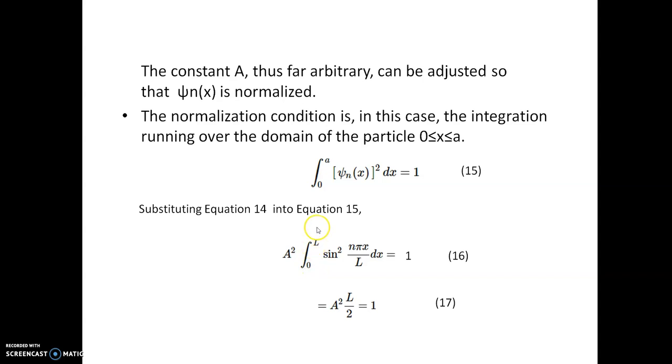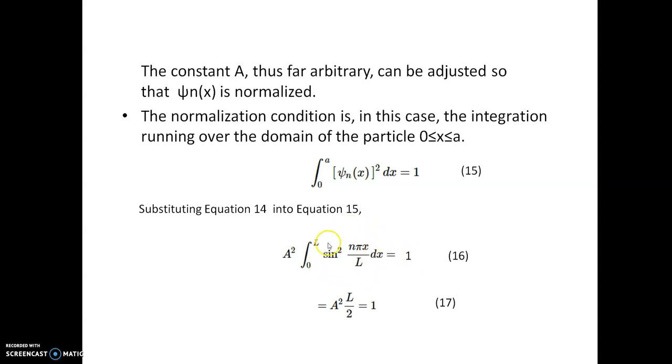Therefore, in the place of psi n of x, we are substituting A sin n pi x by L into dx. It is squared, therefore A squared within the limits 0 to L sin squared n pi x by L into dx equal to 1.